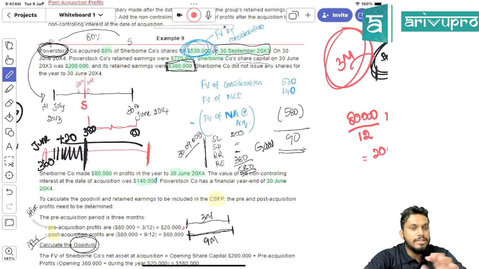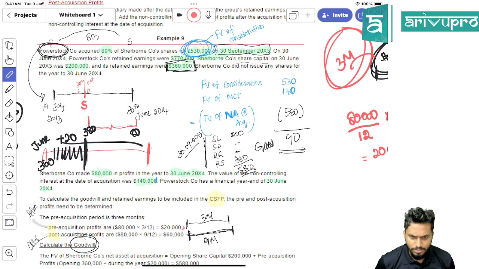So what you need to understand here, in a mid-year acquisition, you need to understand how to prorate your profits, because certain period is not belonging to the group accounts, certain period it is belonging to the group accounts. So in this instance, the first 3 months is not belonging to us. So those profits you can't take into group calculation. So you need to apportion it and allocate it to what?